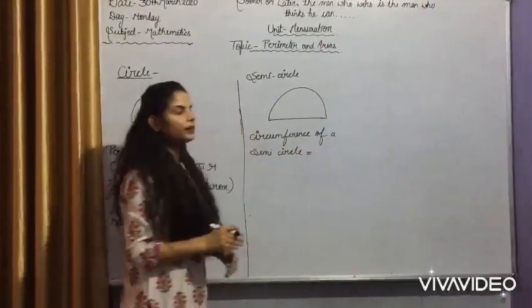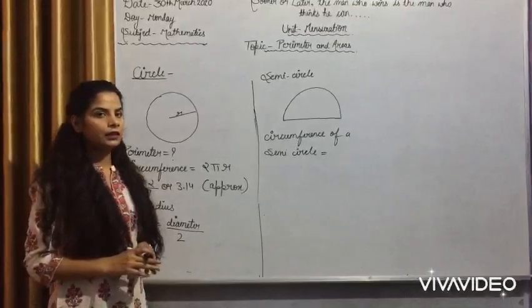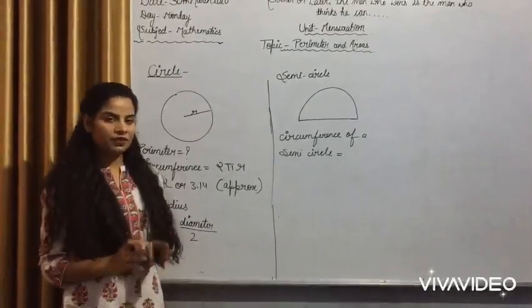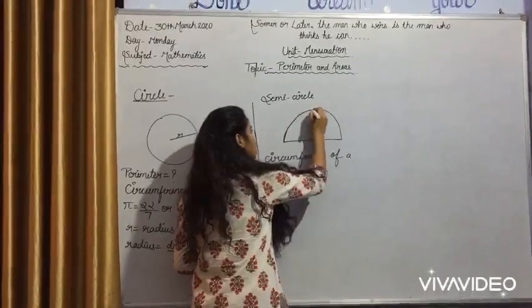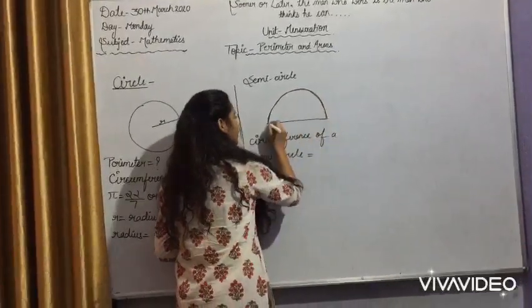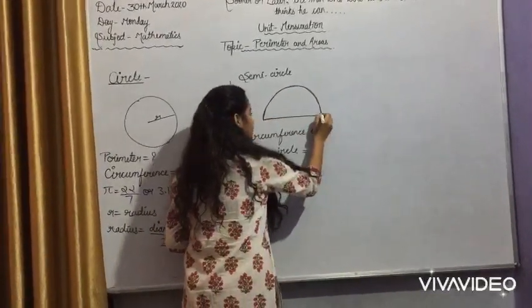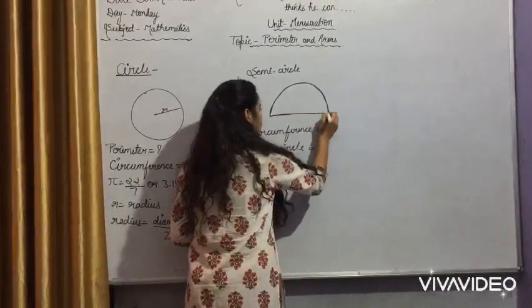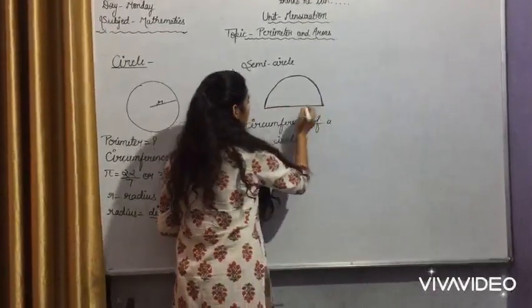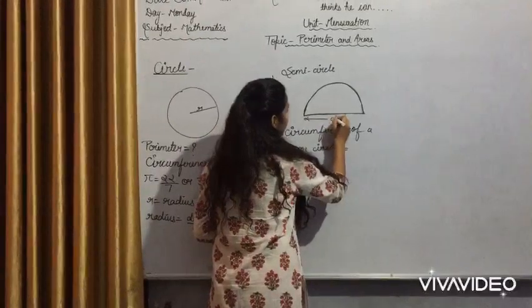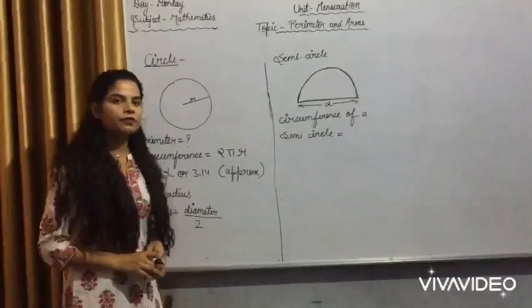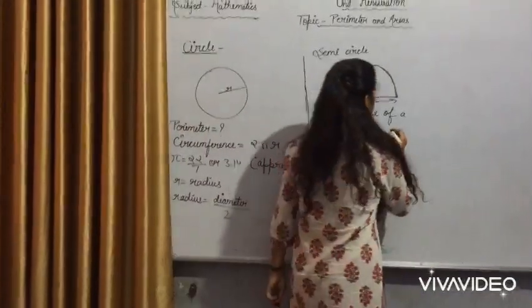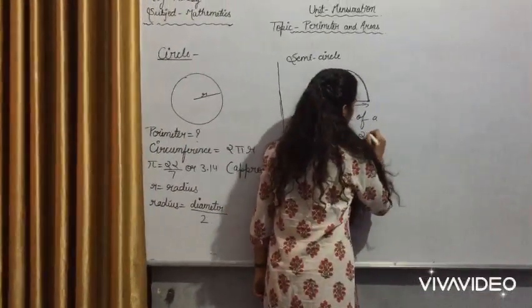The circumference of a semicircle, that is the length of the boundary, consists of this curved line and this straight line. Now you must be knowing what this straight line is. This is the diameter.